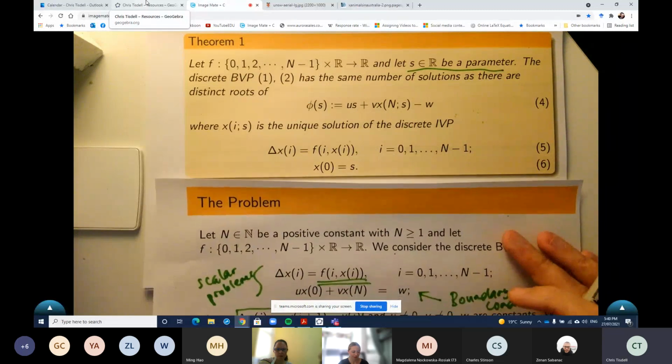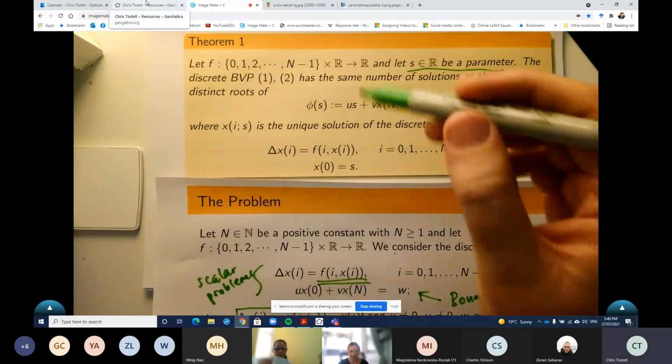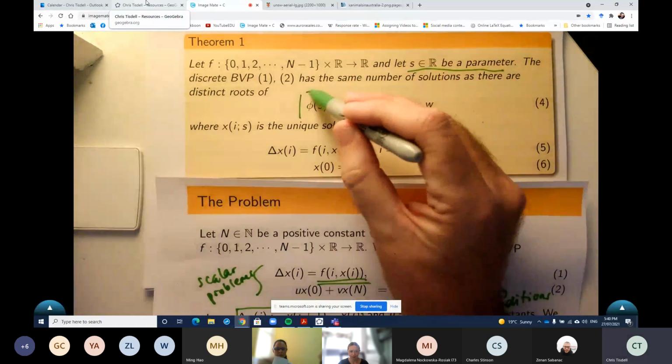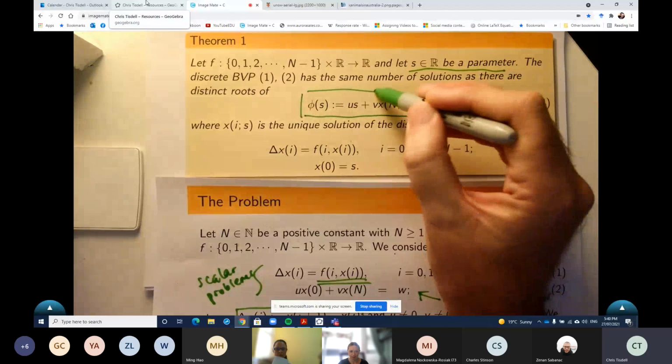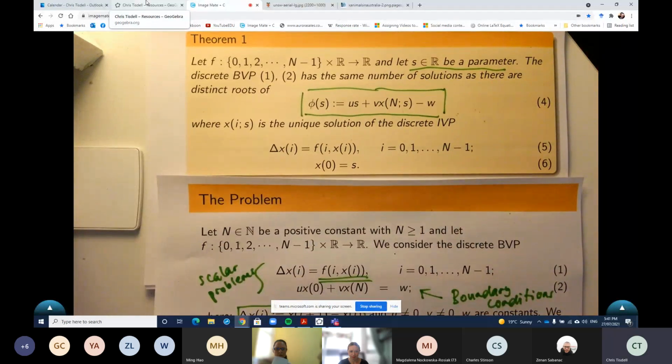What this theorem says makes a connection between the solutions to your original problem and the solutions, or the roots, of this function here. So let me just state the theorem for you.